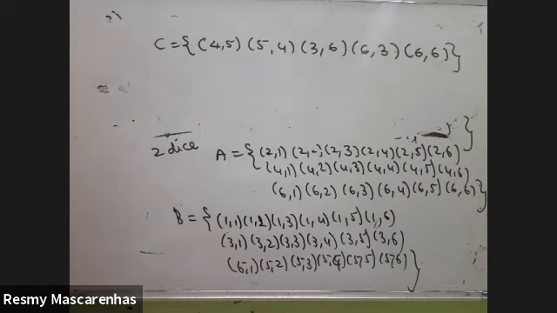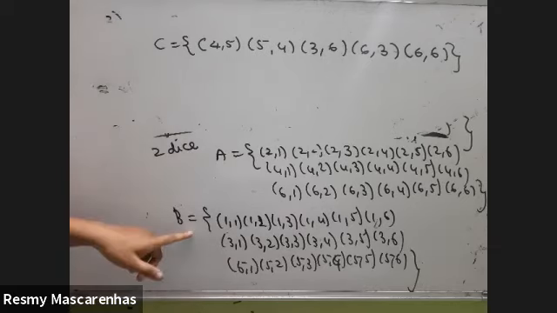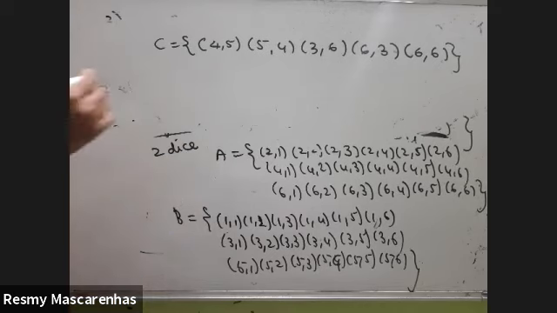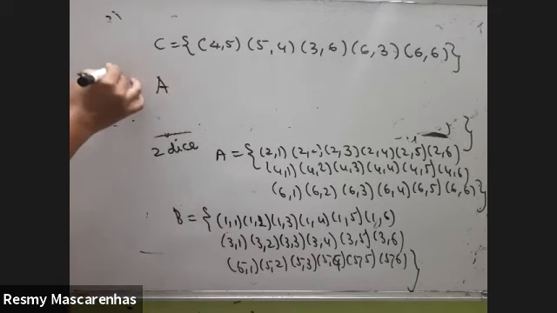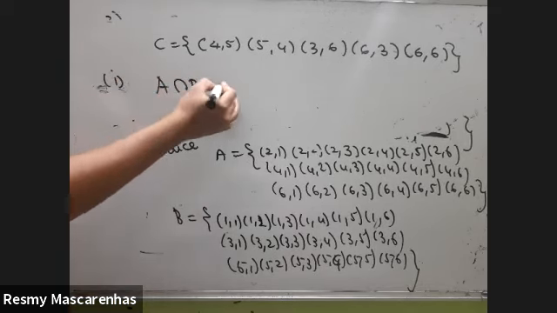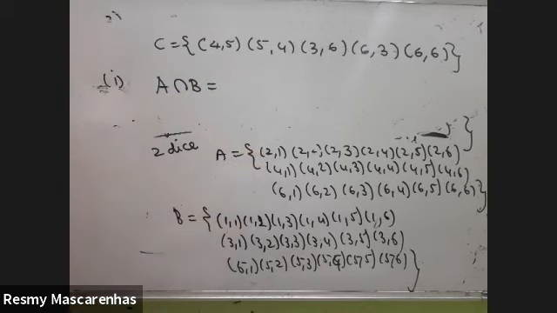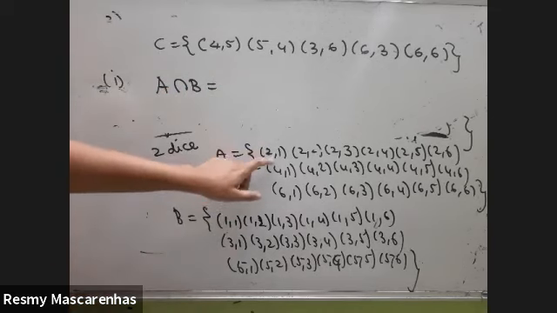Okay. And now we have to check whether true or false. Sorry, that is not the one. If the following events are mutually exclusive. Of course, A and B, just check. A, first one, I have to check mutually exclusive. Is there any pair which is common? No, nothing is common.